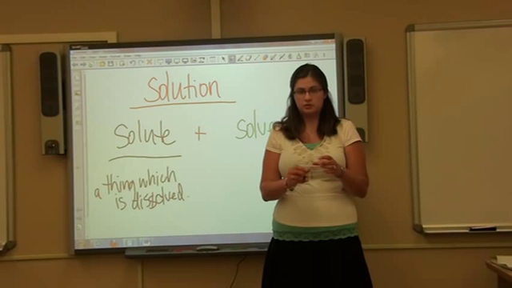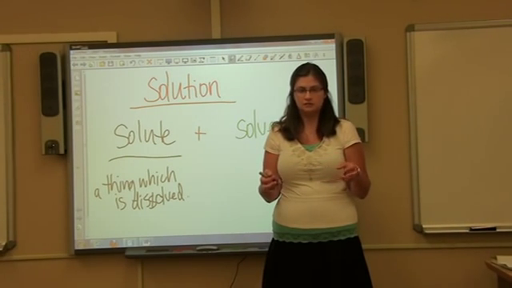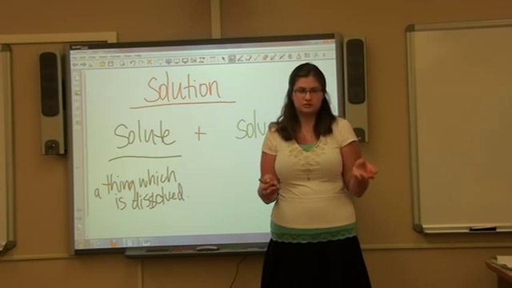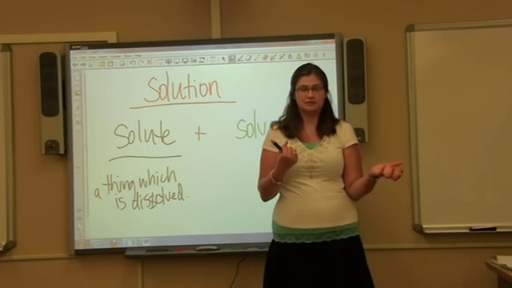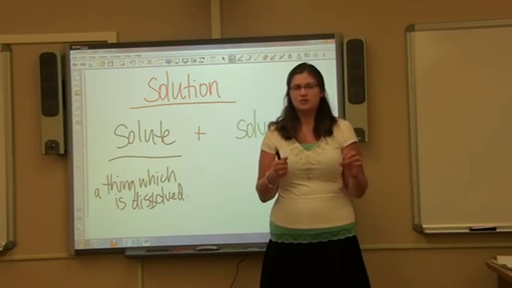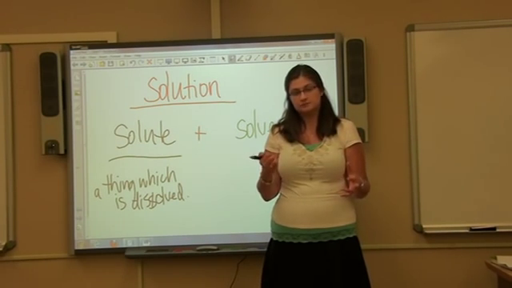So, you put a little of your table salt into some water for boiling, for maybe making some noodles or something, and all of the salt disappears. What happens to it? Well, it's not magic. What happens is that the salt dissolves into the water.